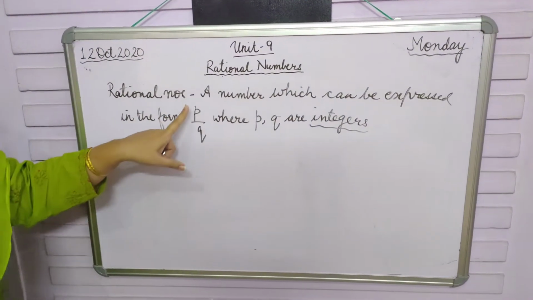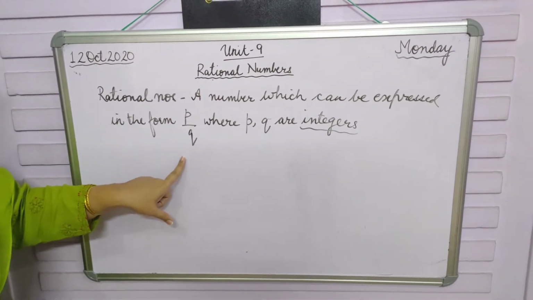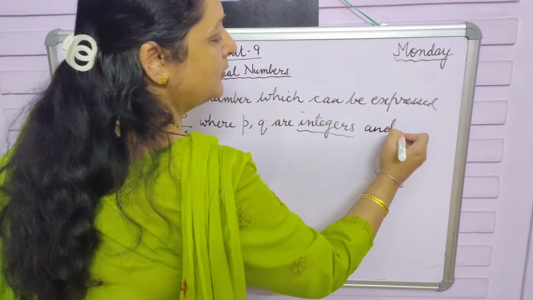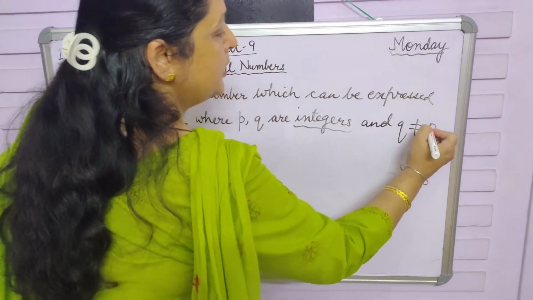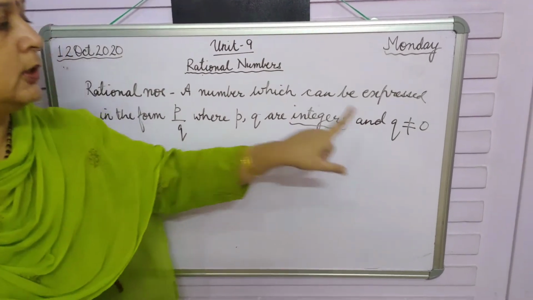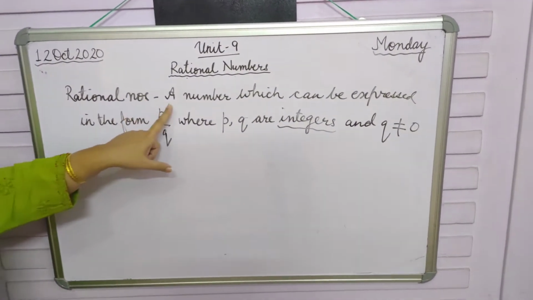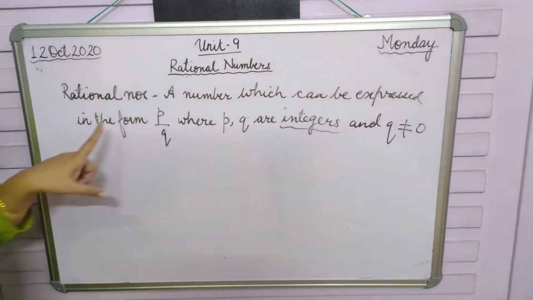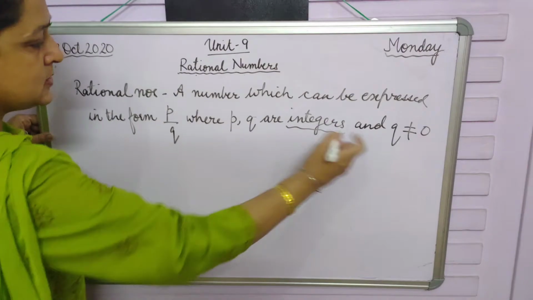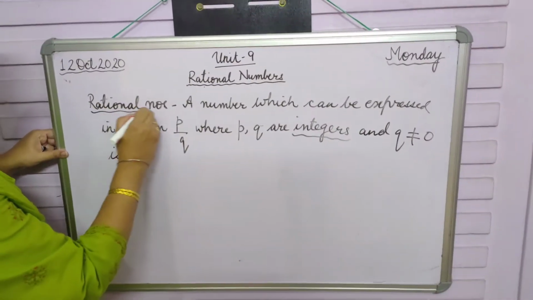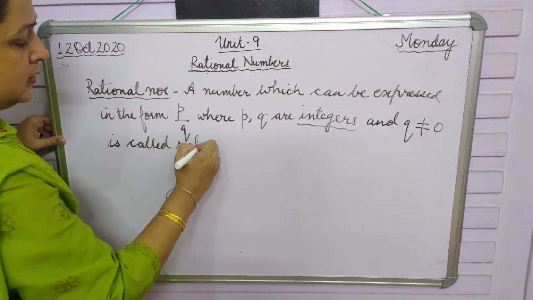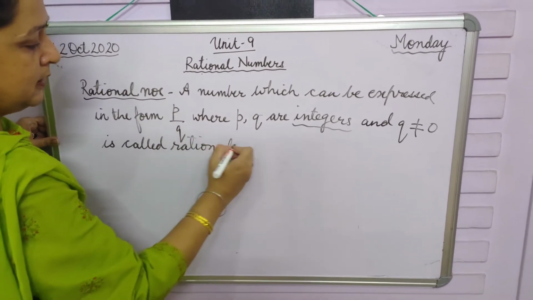P and Q are integers means they can be positive also and they can be negative also. And another important condition is that Q, the denominator, should not be equal to 0. So any number which can be expressed in the form P by Q, where P and Q are integers and Q is not equal to 0, is called a rational number.